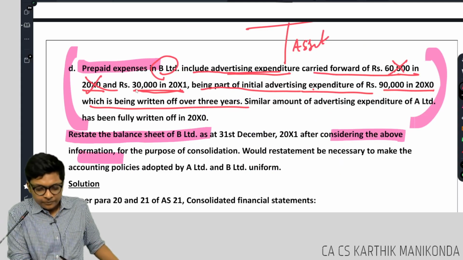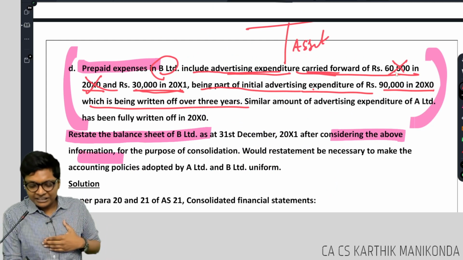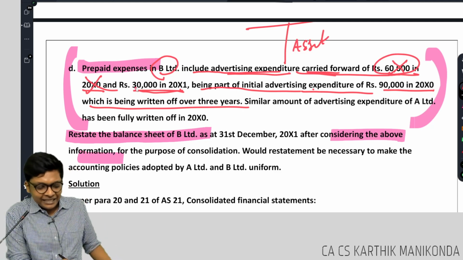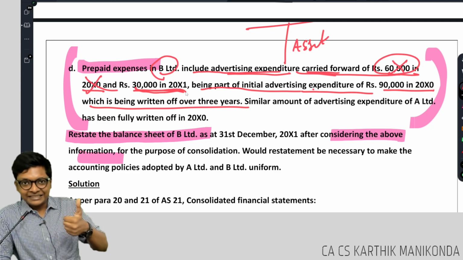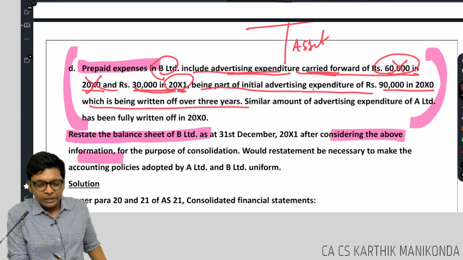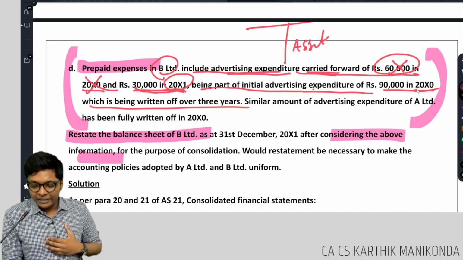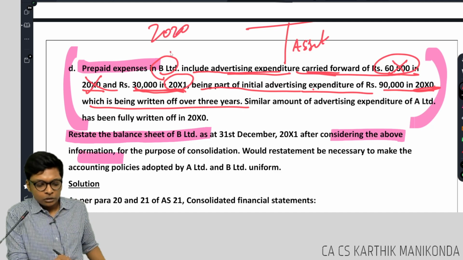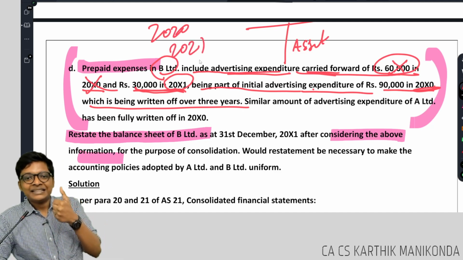Can you see here? Carried forward means after write off. First year I carried forward 60, that means I wrote off 30. Second year I carried forward 30, that means you wrote off 60. So now I am in the year 2021, which is after year 2 completion, because 2020 is when I incurred it. 2020 is the first year, 2021 is the second year, where I already wrote off 60,000.